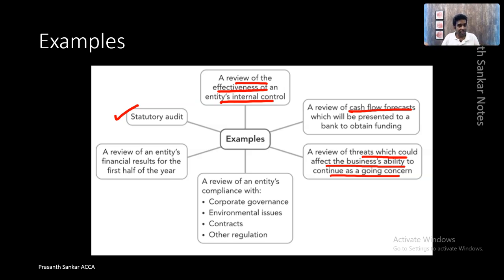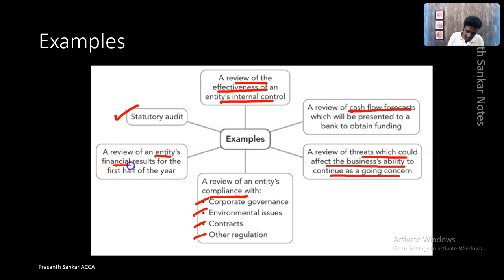Even there will be management consultants who will come in and check what are the threats that you could face because of your nature of the business. Again, that's an assurance engagement. Review of the entity's compliance with corporate governance, environmental issues, contracts and other regulations. Compliance related matters. Whether the company is functioning with utmost rules and regulations, following all the rules and regulations. Again, that's an example of an assurance engagement.